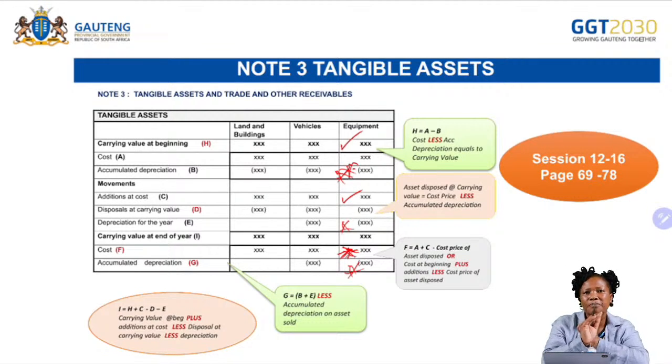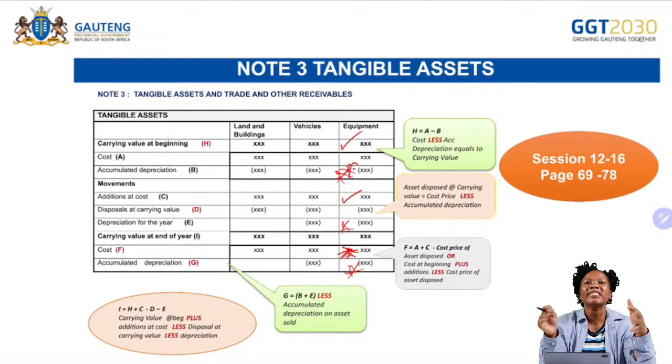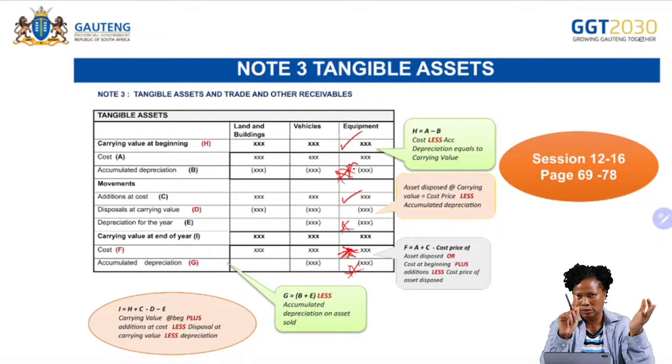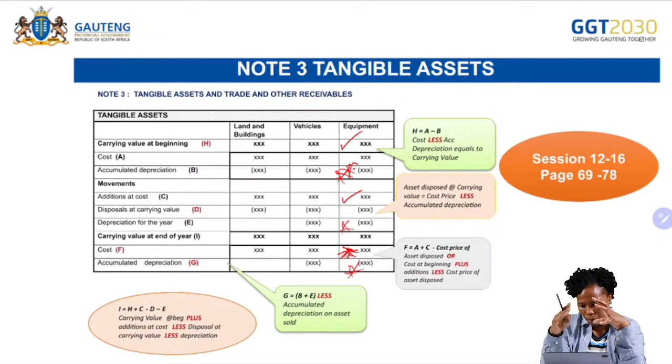It's your accumulated depreciation at the beginning plus the depreciation which is going to be written in your income statement, and then you take out the depreciation for the asset that has been sold. In total, the total depreciation of the asset that has been disposed will be taken out in order for you to get this figure.